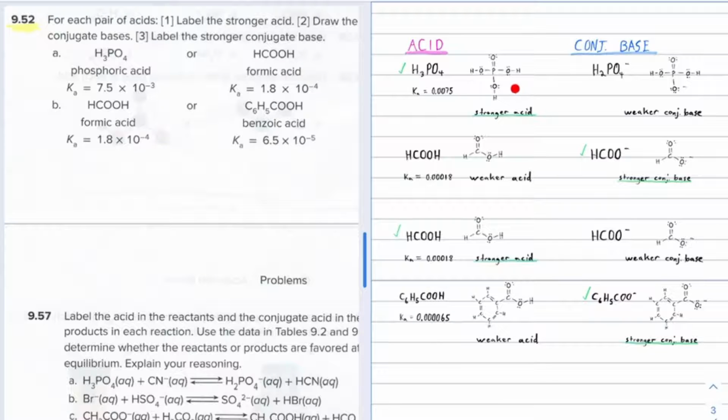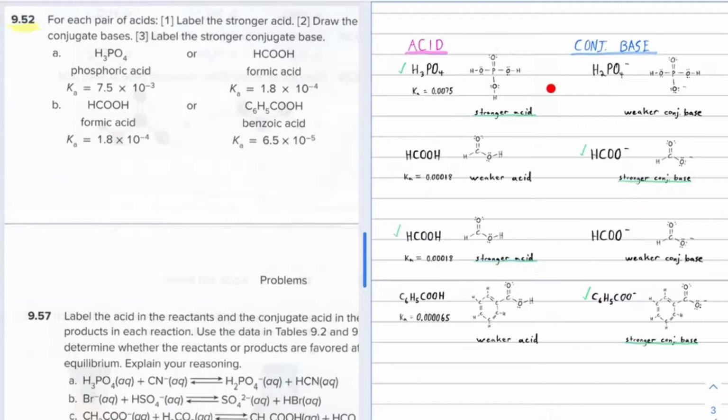So if phosphoric acid is a stronger acid, then its conjugate base will be weaker. Remember, if it's a strong acid, then it doesn't want its proton back. So the conjugate base it's left with doesn't want to grab back that proton to reform the acid.